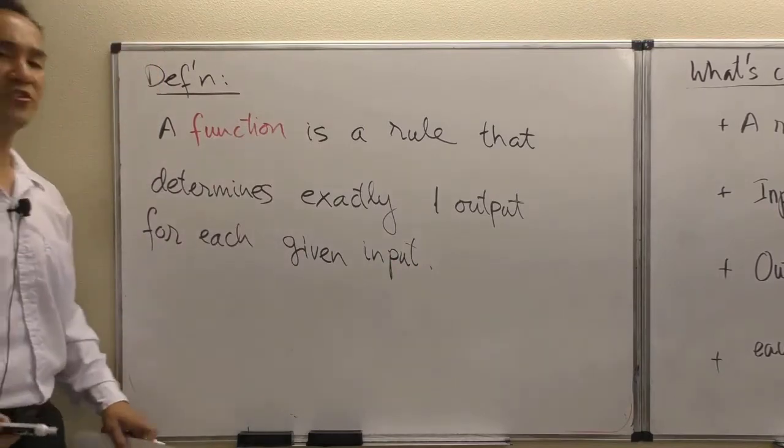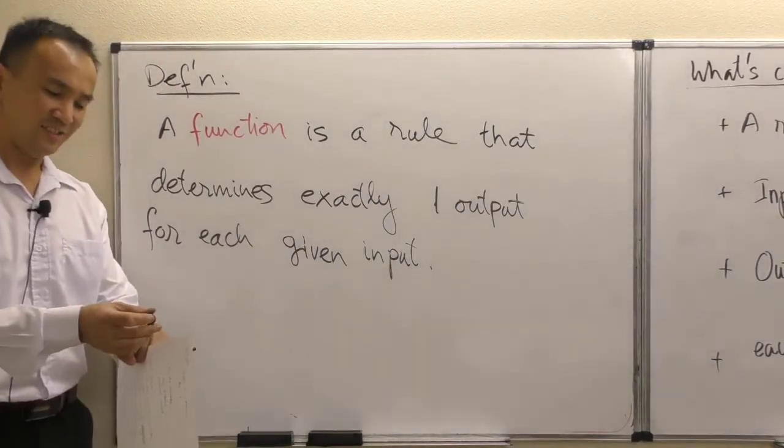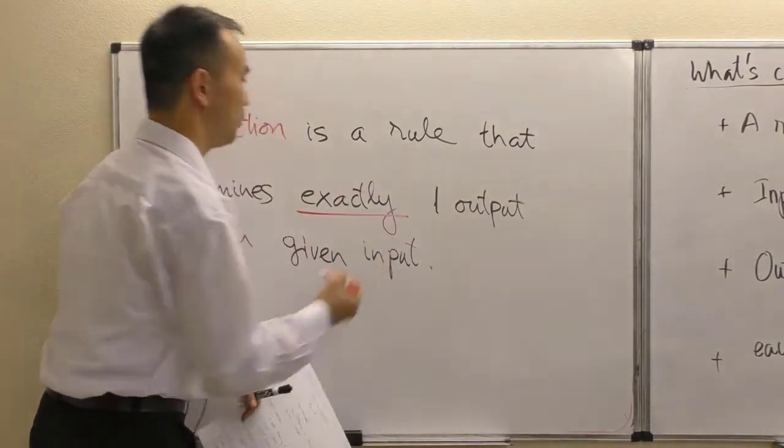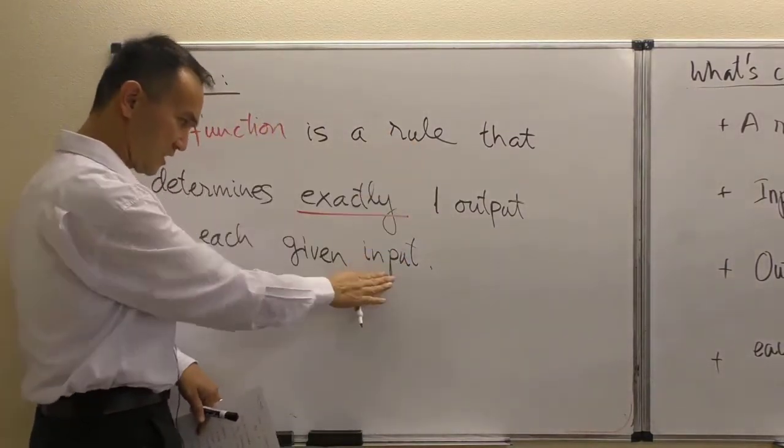All right, a function is a rule that determines exactly one output. See, so it's a rule. It takes input and it gives output.